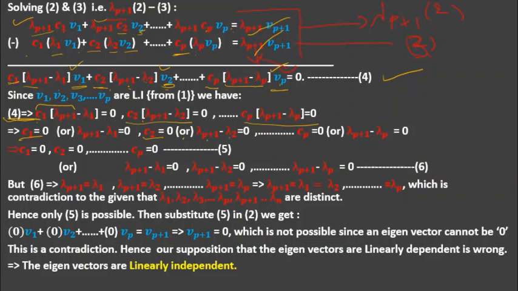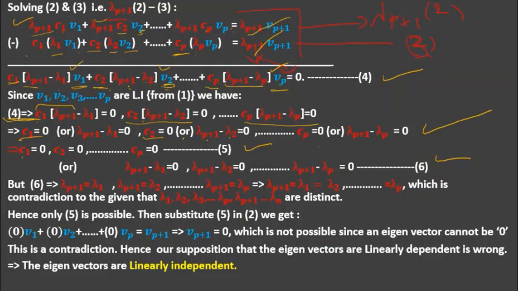And so on. The last one, Cp is equal to 0 or lambda p plus 1 minus lambda p is equal to 0, which implies I can give two equations. First equation, C1 is 0, C2 is 0 and so on Cp is 0, or lambda p plus 1 minus lambda 1 is 0, lambda p plus 1 minus lambda 2 is 0 and so on lambda p plus 1 minus lambda p is 0. So either 5 should be possible or 6 should be possible.